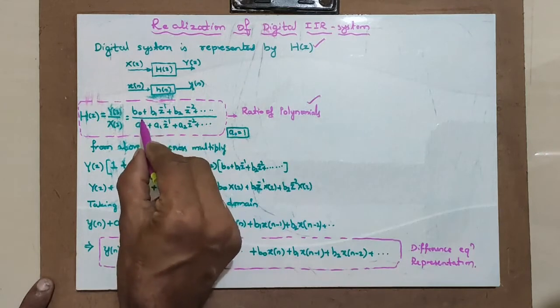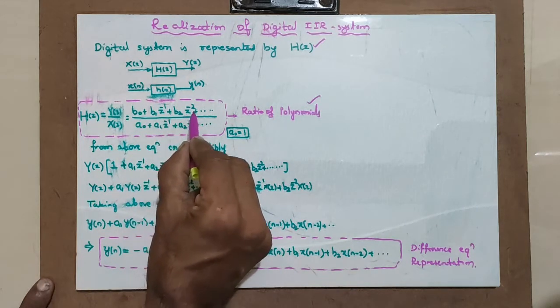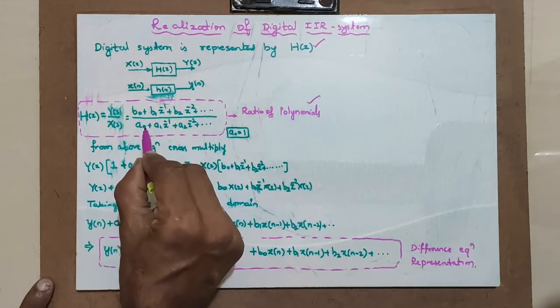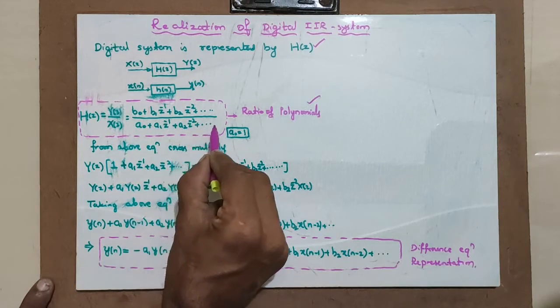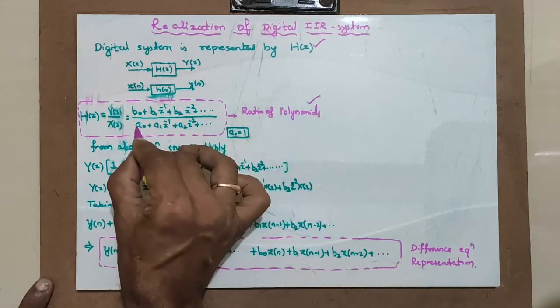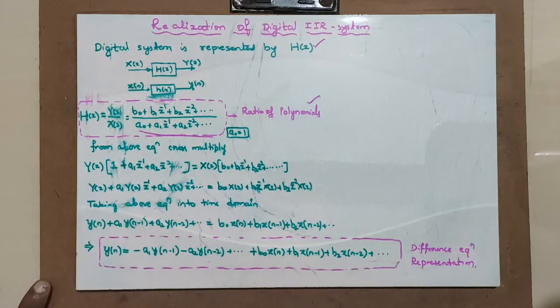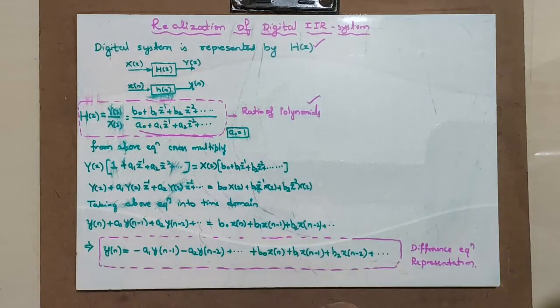That means we are representing it with b0 plus b1 z^-1 plus b2 z^-2 plus b3 z^-3 and so on, divided by a0 plus a1 z^-1 plus a2 z^-2 plus so on. Here a0 must be equal to 1. Please note that this value is 1. This is one way of representing a digital system, that is, the ratio of two polynomials.